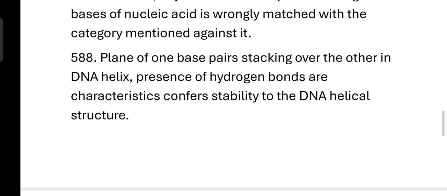Plane of one base pair stacking over the other in the DNA helix, and the presence of hydrogen bonds, confers stability to the DNA helical structure.